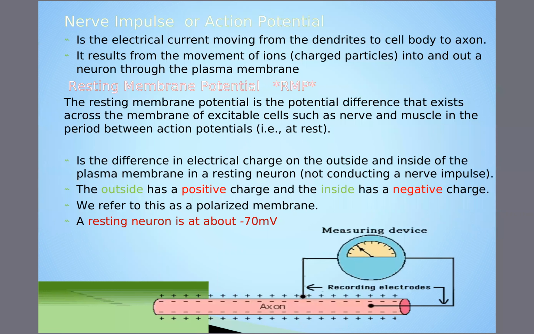All of this depends on what? On the level, the amount and the concentration of the ion. Resting membrane potential, RMP, is the first term. The resting membrane potential is the potential difference that exists across the membrane of excitable cells such as nerve fiber and muscle, in the period between action potentials.